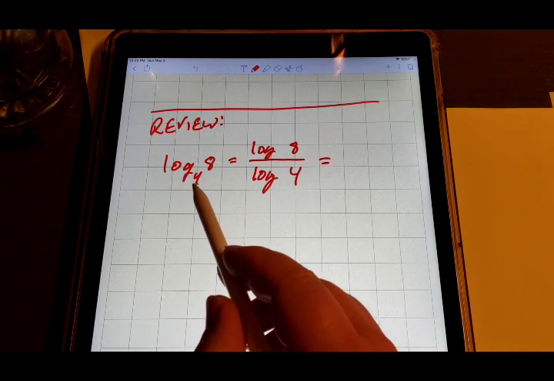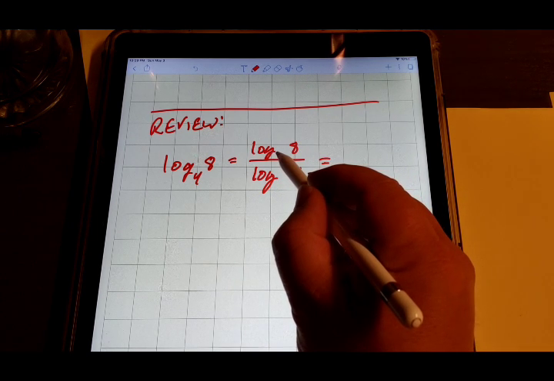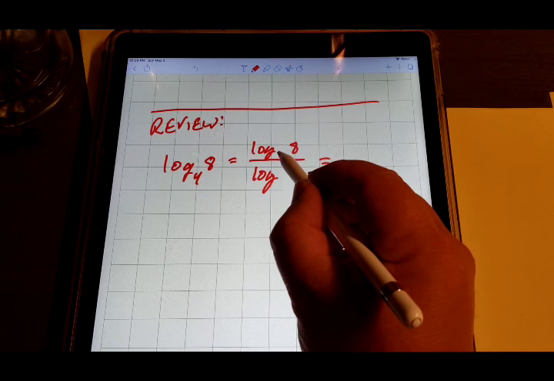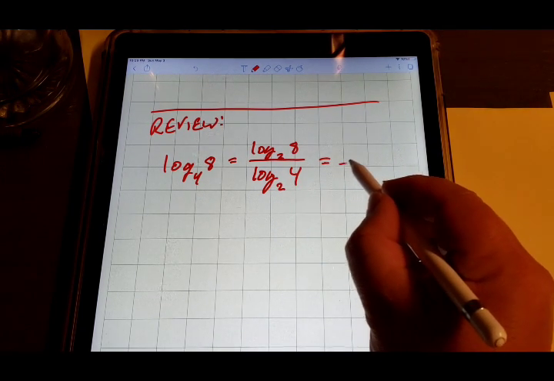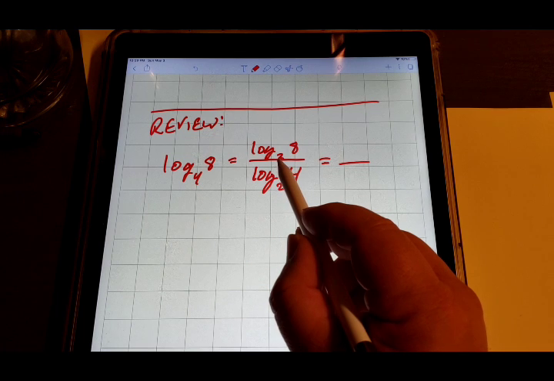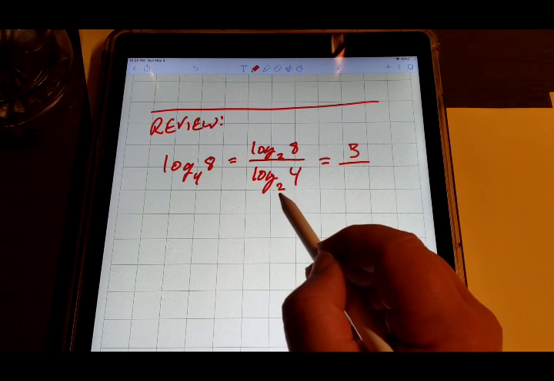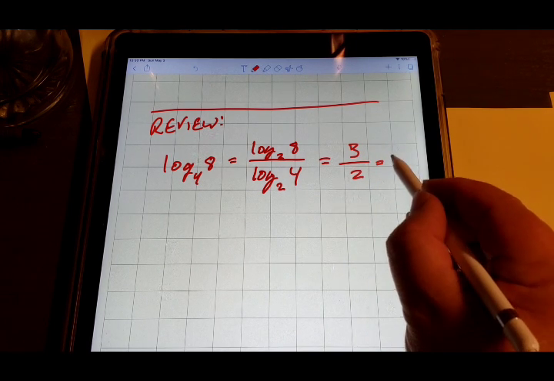So I can change this log base 4 of 8 into log base, well, any base, 10 of 8 or something else. I'm going to use 2. If I do that, log base 2 of 8, remember, has an answer. Log base 2 of 4 has an answer. I get 3 over 2 or 1.5.